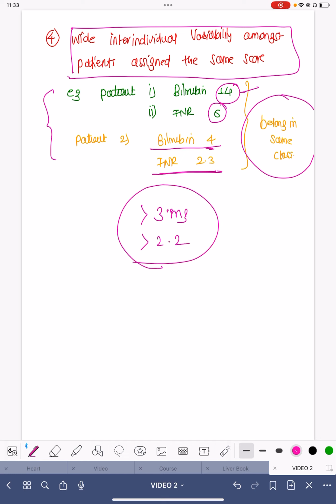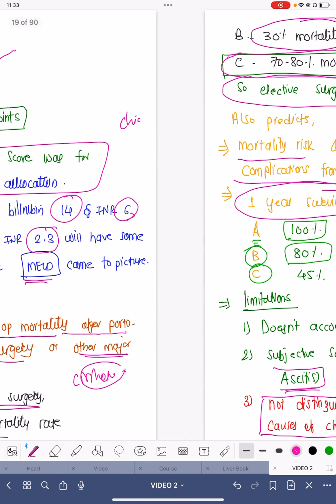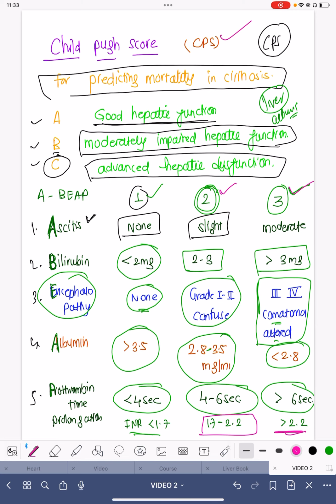So it doesn't matter whether this is 14 or 16 or 18, or whether this is 3 or 5 or 6. These patients will be put in the same Child-Pugh score, but this doesn't actually match, because the patient who has higher bilirubin definitely has a chance of having a very bad hepatic dysfunction. So this was all about Child-Pugh score, and thank you.